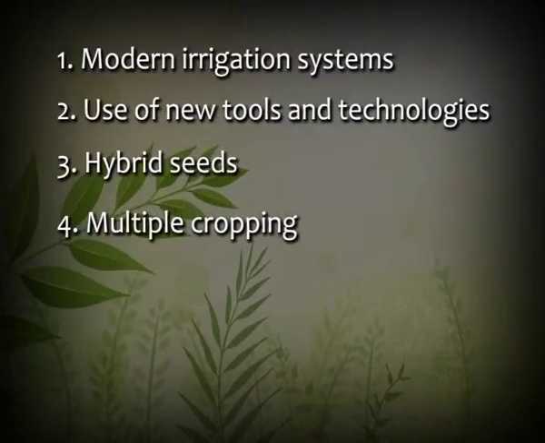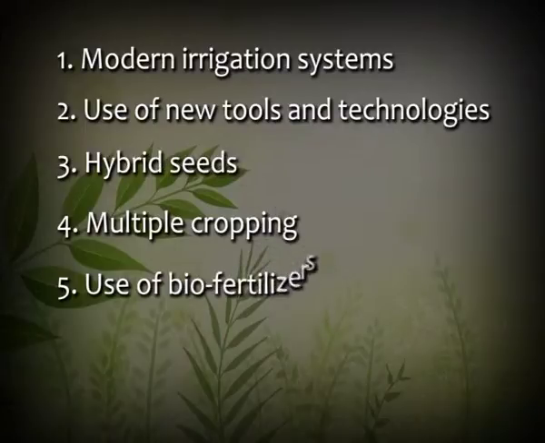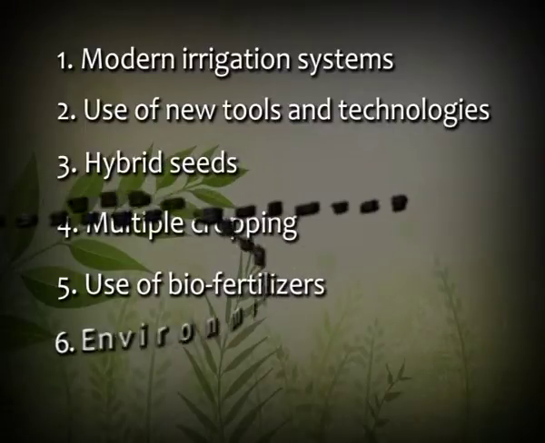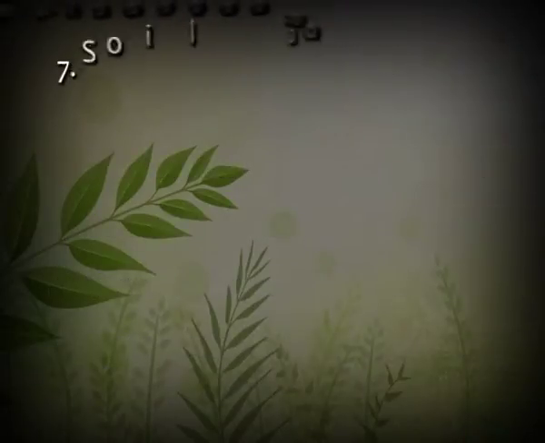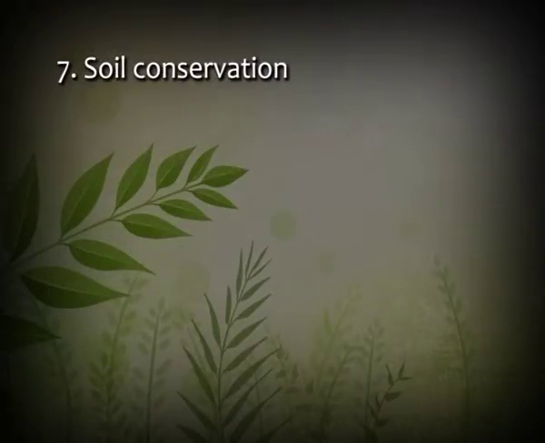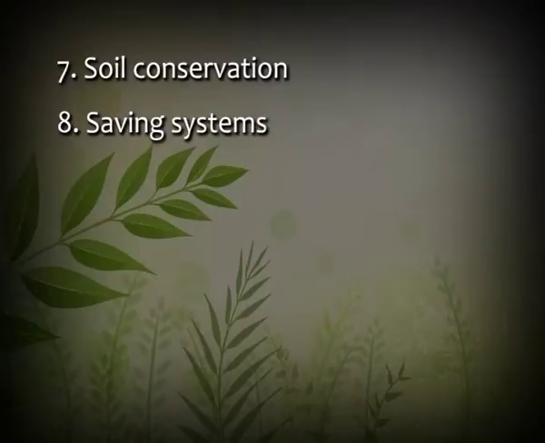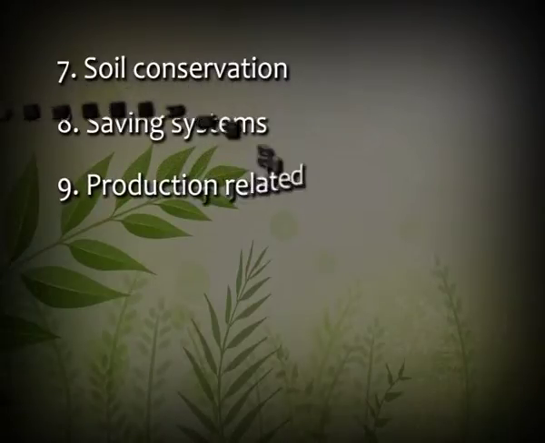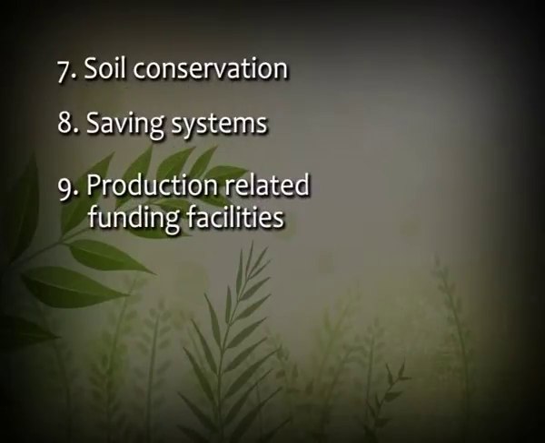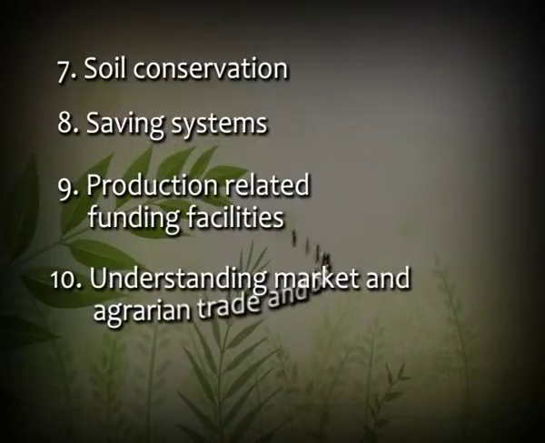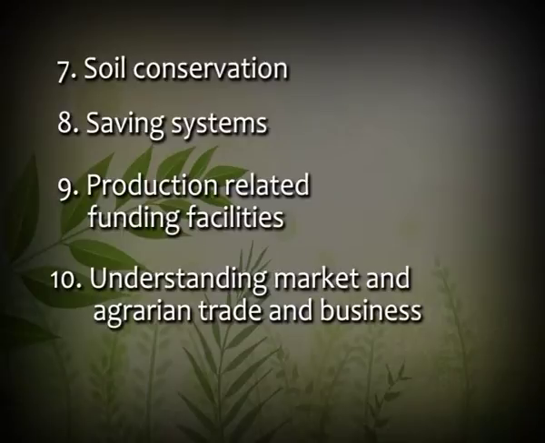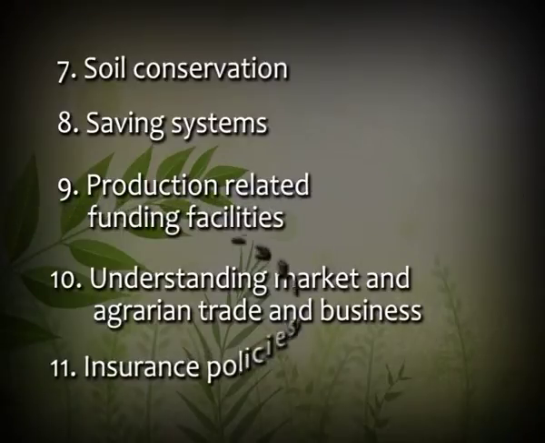Multiple cropping. 5th. Use of biofertilizers. 6. Environment-friendly farming systems. 7. Soil conservation. 8. Saving systems. 9. Production-related funding facilities. 10th. Understanding market and agrarian trade and businesses. 11. Insurance policies, etc.